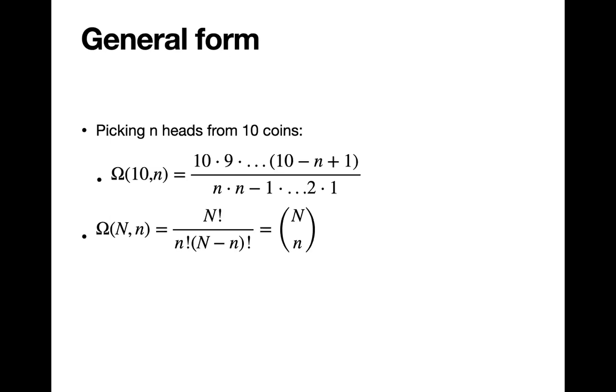There's 10 ways to get 1 head. There's 45 ways to get 2 heads, and so on. We would see that it peaks at 5 and then starts going back down again, right? So you get this symmetric distribution. The most likely one is 5. Any questions about that so far?